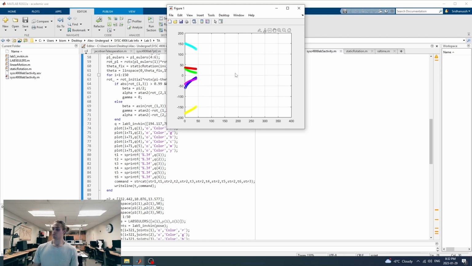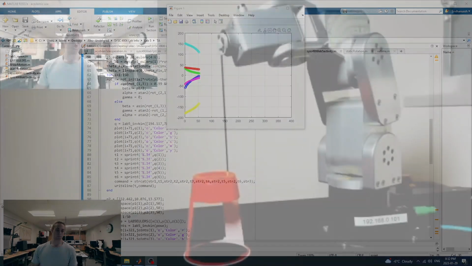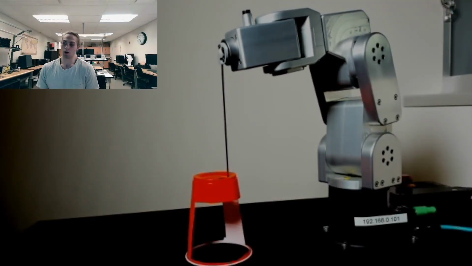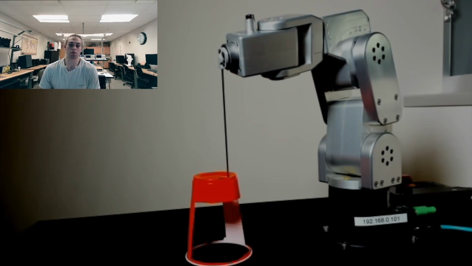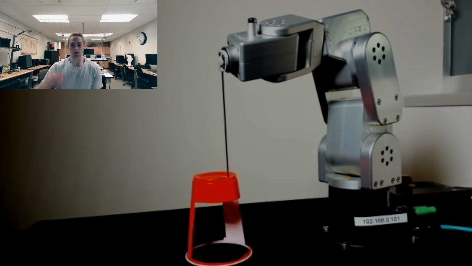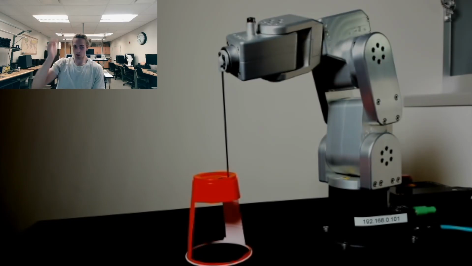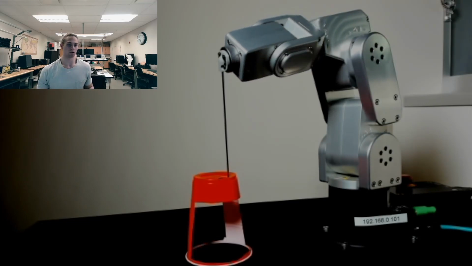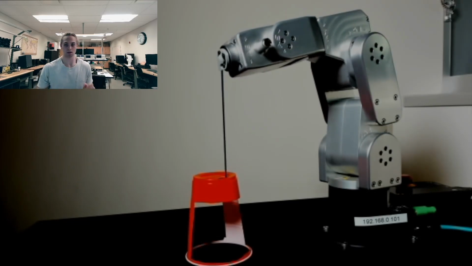But these joints will be representing what's going on with the robot here. I think I moved the cup a little bit. But you'll notice when it starts to rotate about the needle, it changes directions halfway through. And that's because there wasn't one direction that was more appropriate to rotate about the x-axis than the other.